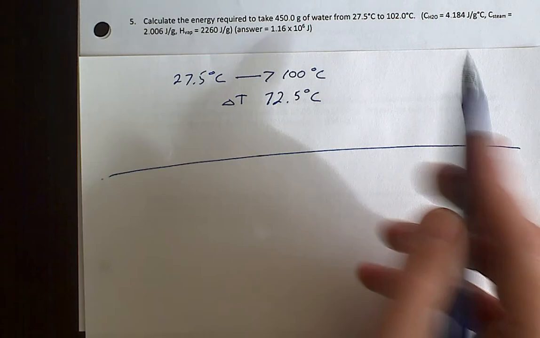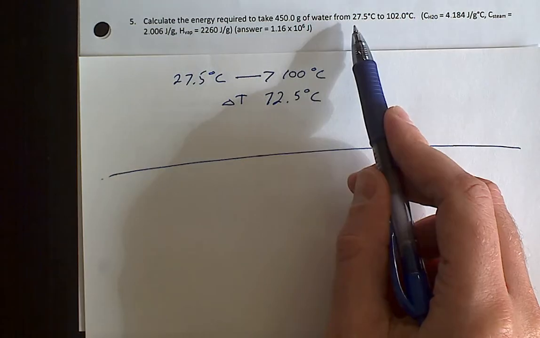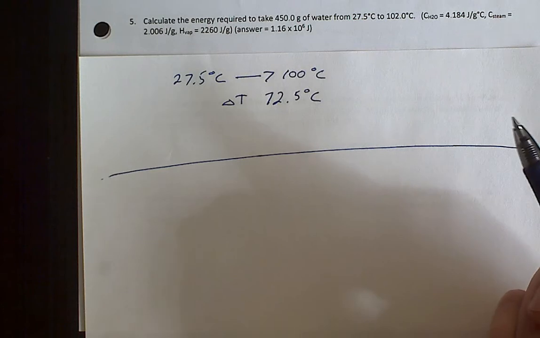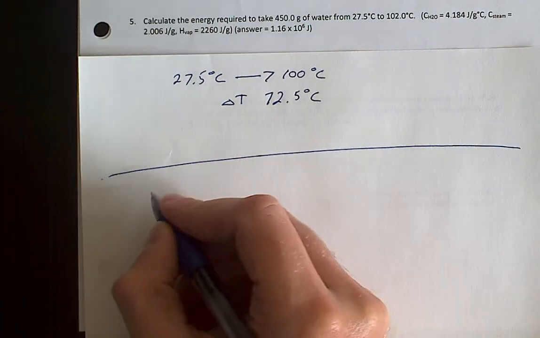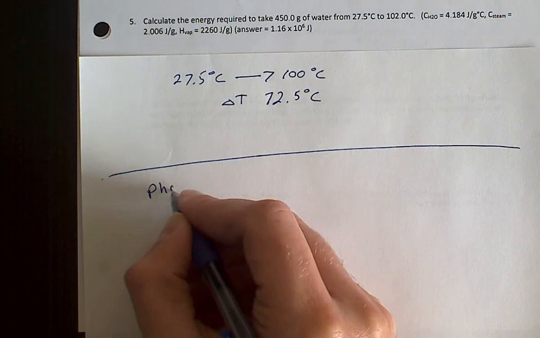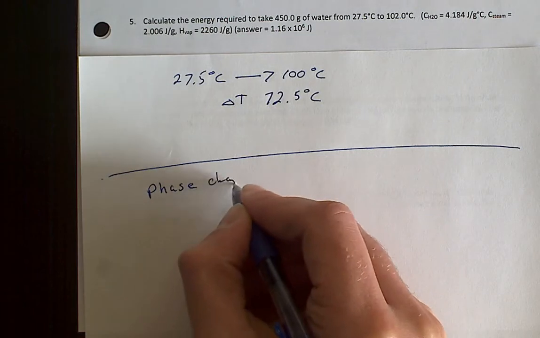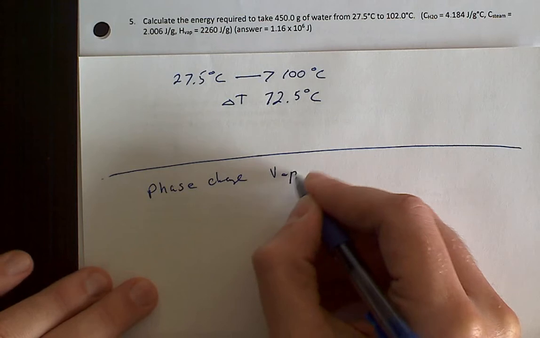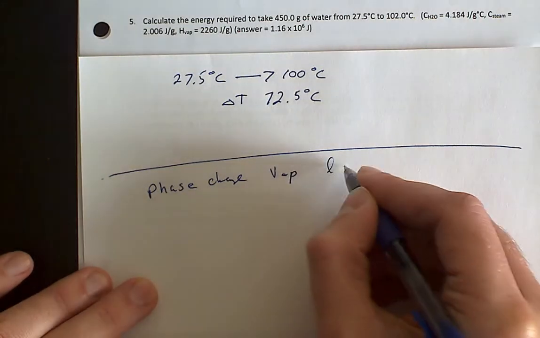Because we're going from 27.5 up to 102, we're going to take it through a phase change. All right, so the second step will be our phase change, and we're going to vaporize, which is a liquid to a gas.